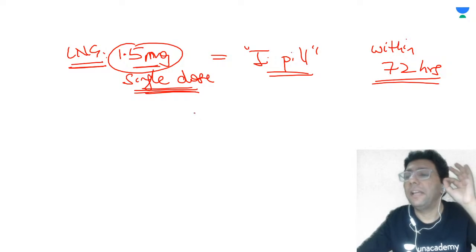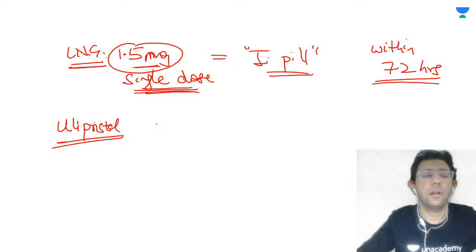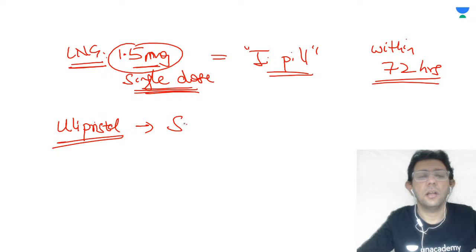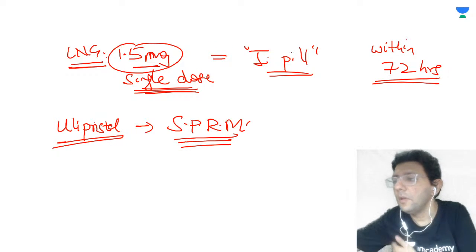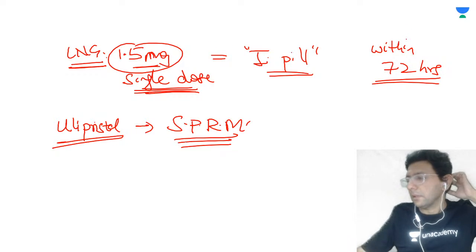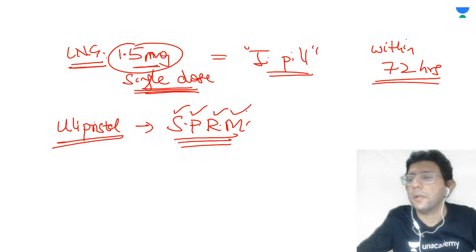We can give the patient the LNG tablet. And very new now is ulipristal. What kind of drug is ulipristal? Ulipristal is an SPRM, a selective progesterone receptor modulator.